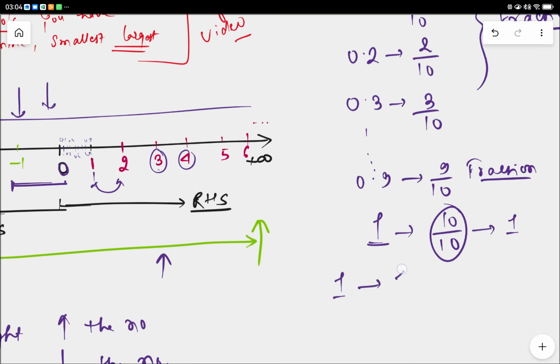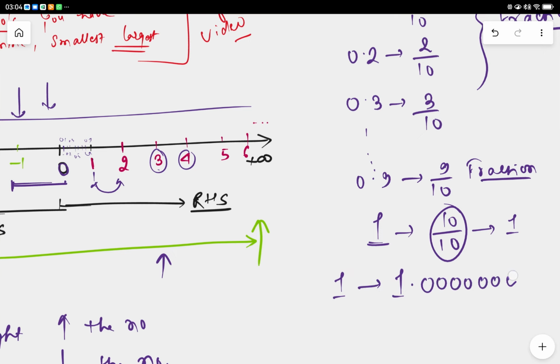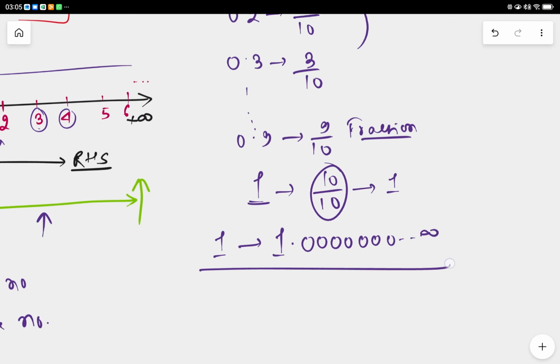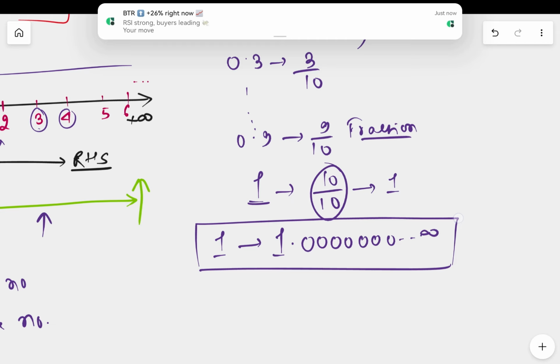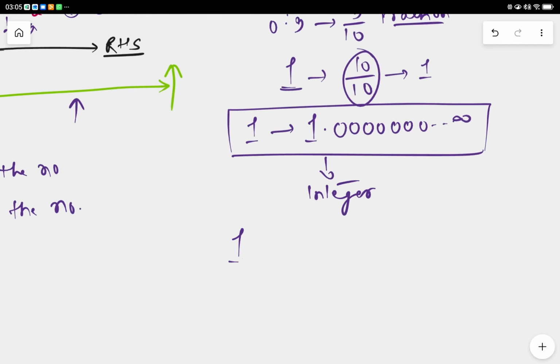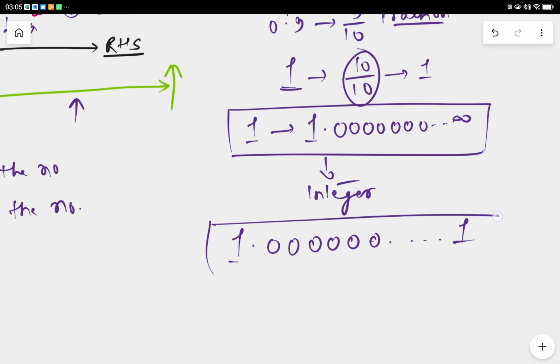1 can be written in the decimal system as 1.0000000 up to infinity, but this will be called an integer. But if you write 1.0000000 and in the last it comes 1, here is the catch: this is not an integer.